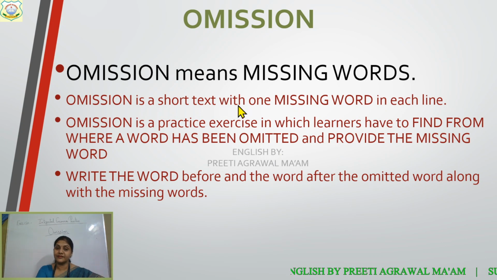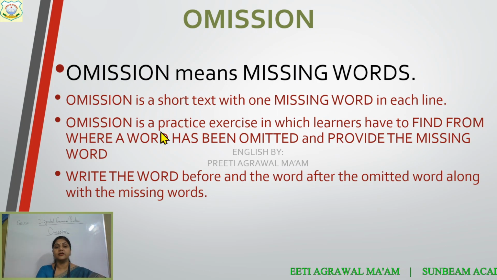In the same way as in editing, where there was a mistake in each line, in omission, in each line of the text or the passage, there will be one missing word. Only one missing word will be there, and you have to identify it and write it.